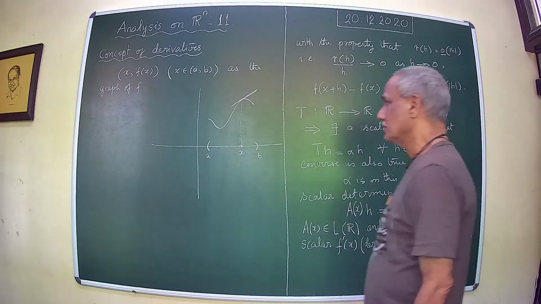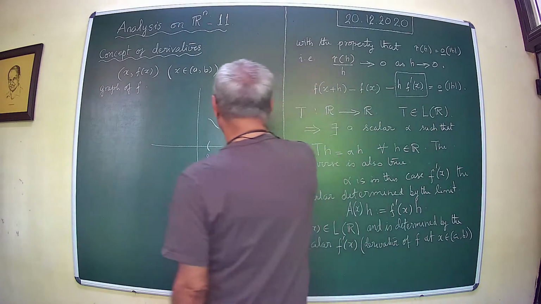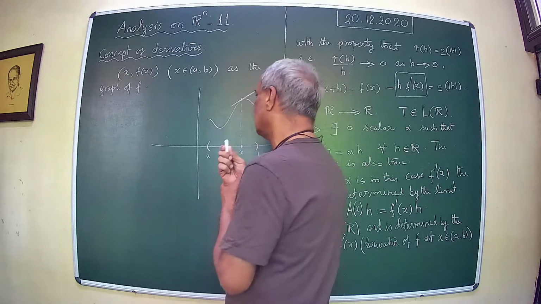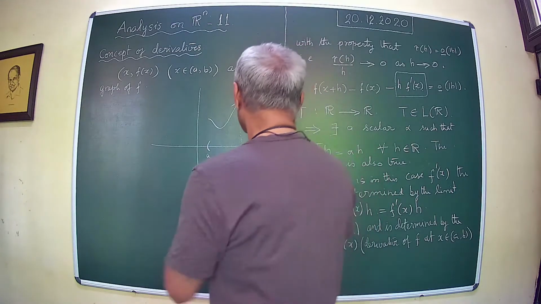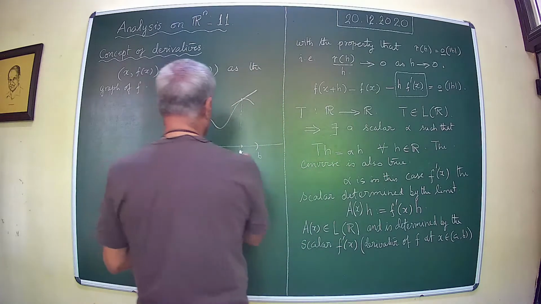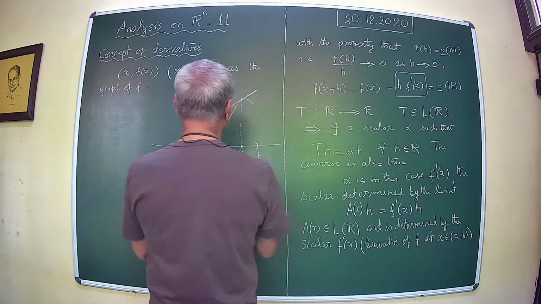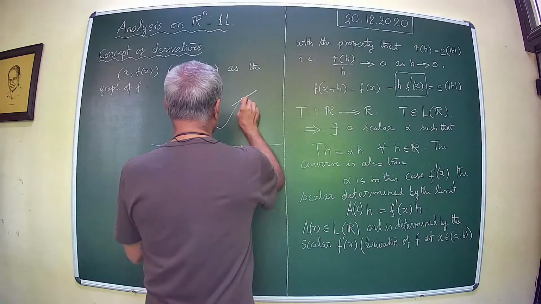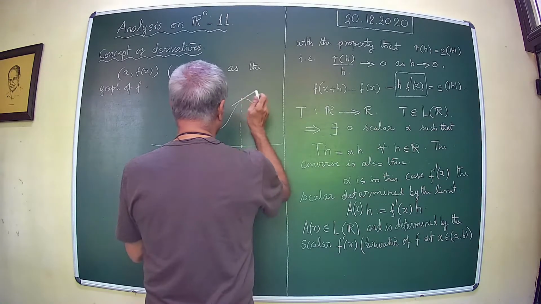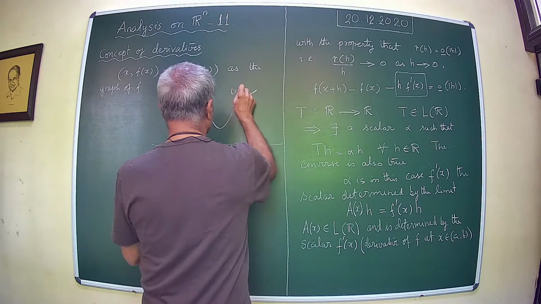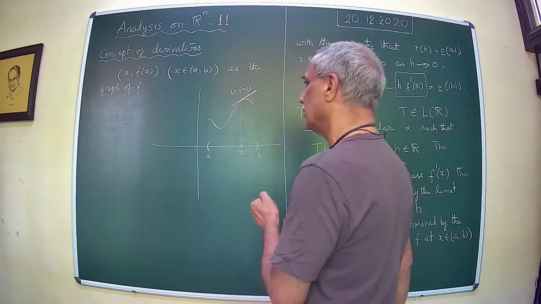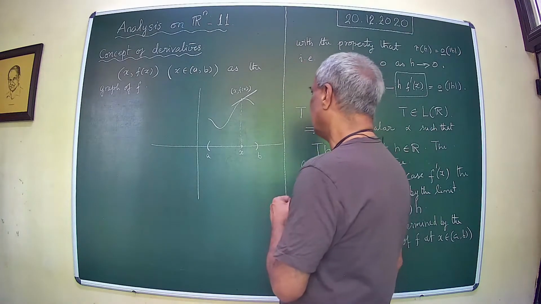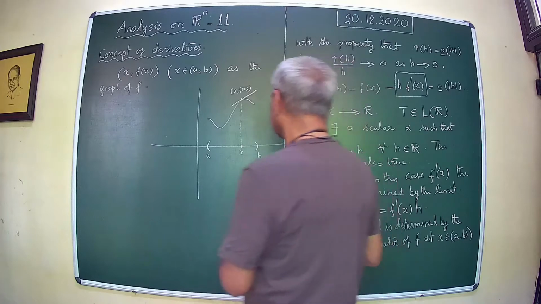Okay? So this is a line. What does this line look like? This line is, if you take h as a variable and x as fixed, then you see that this passes through the point x, and the slope of this is given by f derivative of x.